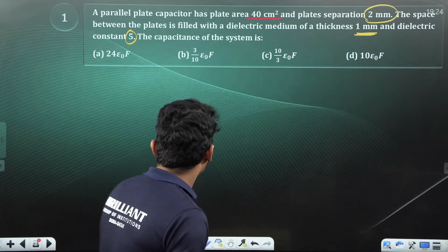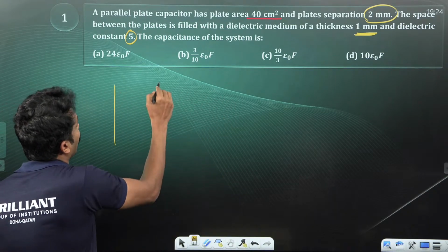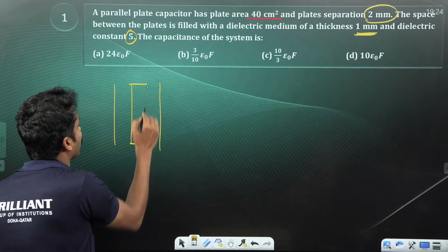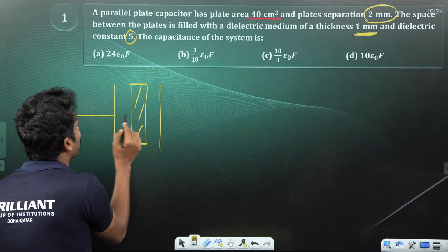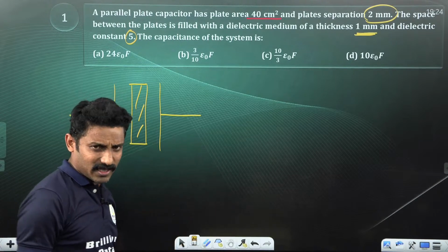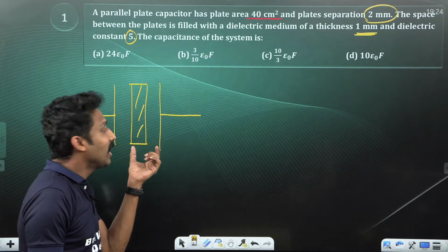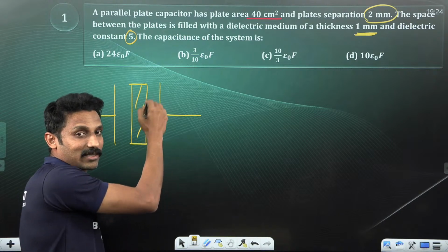If a dielectric medium partially fills the gap, we consider this as a series combination of two capacitors: one is air and the other is the dielectric.